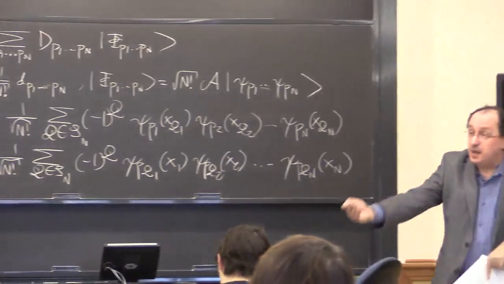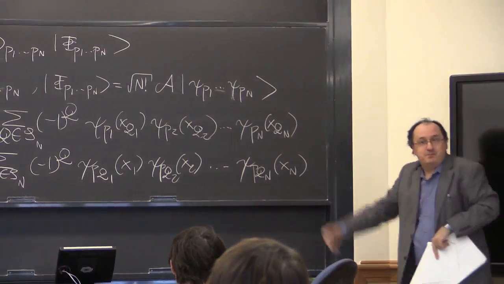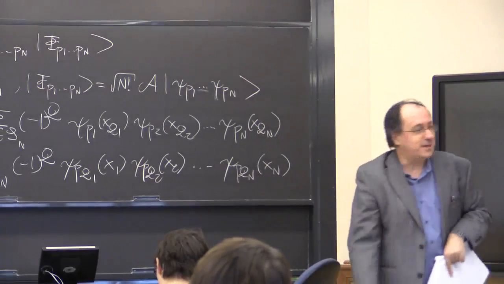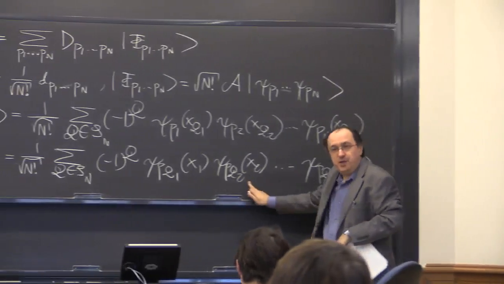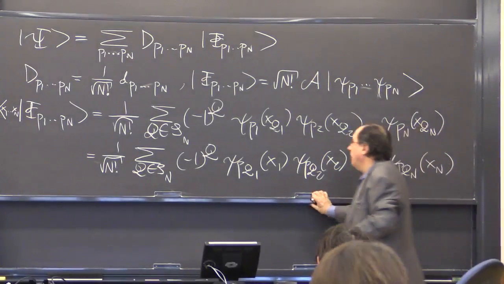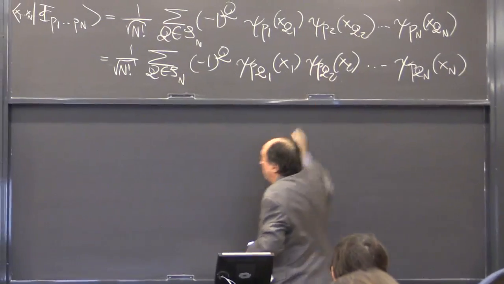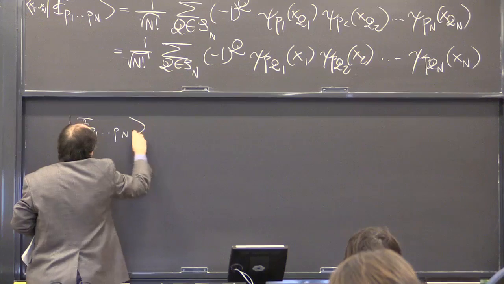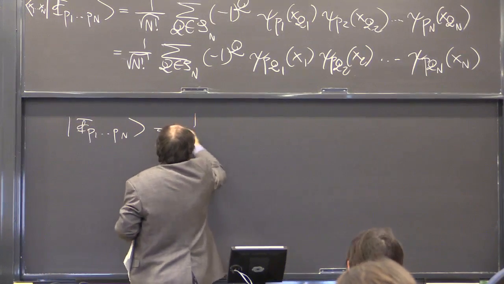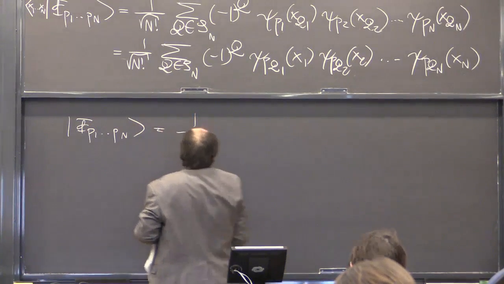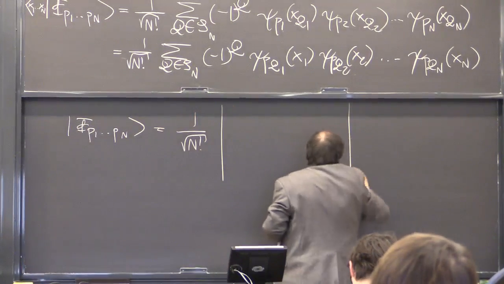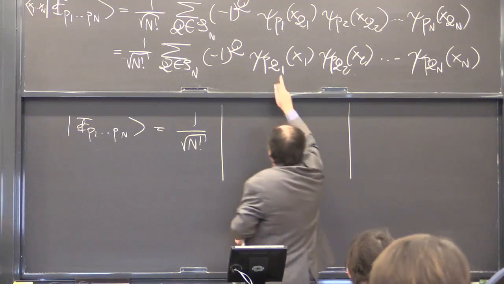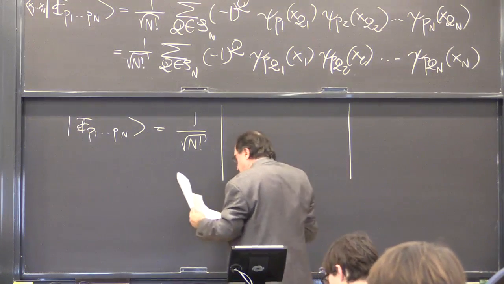Okay, so now let's try to understand. If you go back to your algebra classes, probably nowadays, based on what I know about my daughter's education, that's high school math now. That's a definition of the determinant. What kind of determinant? Let's try to write it. Phi, p1 through pn, is a determinant which will have a factor of 1 over the square root of n factorial, and then the matrix for this determinant consists of our single particle states, or spin orbitals.